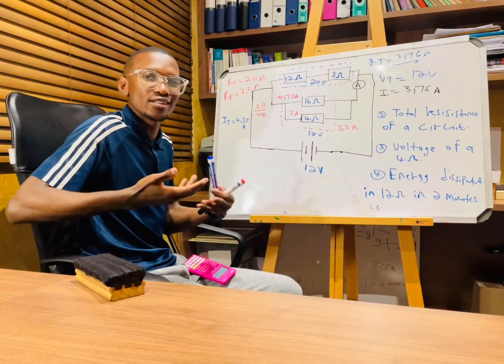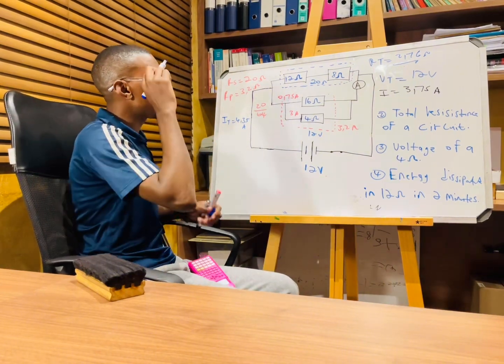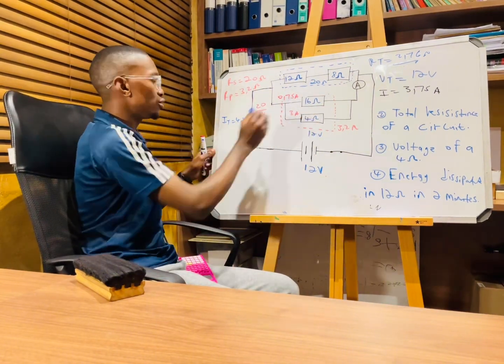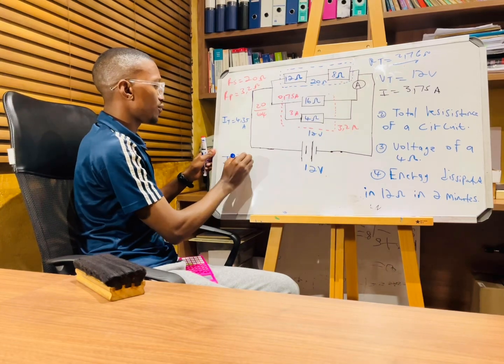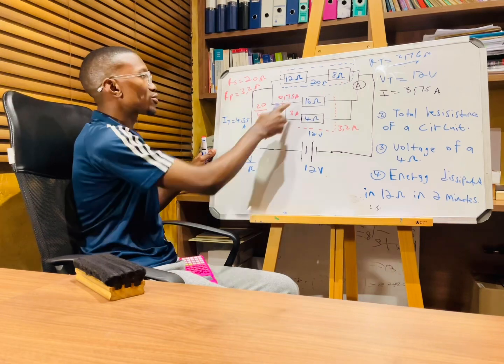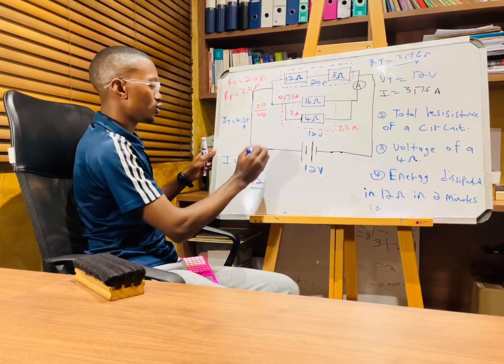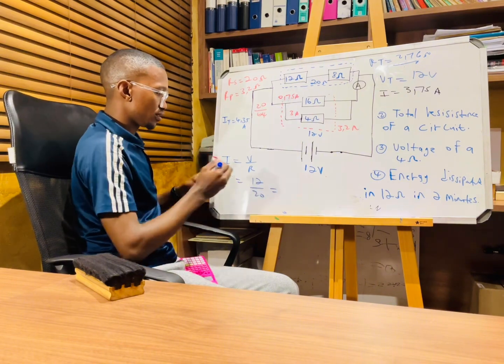So don't lose the focus and interest quickly, guys, please. Okay, so now check this out. For the 20 ohm, I equals V over R. My voltage is 12, so 12 divided by 20. Tell me the answer.